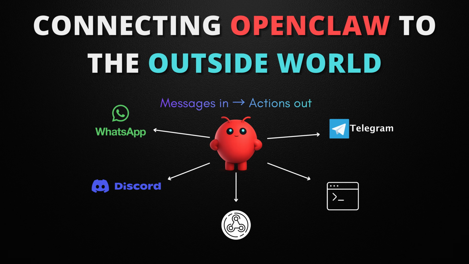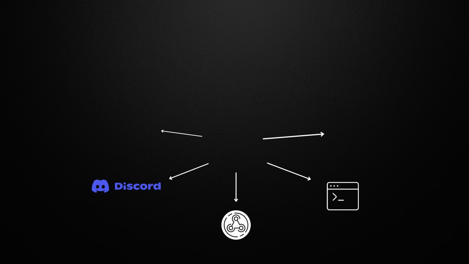What matters here is not the specific platform. It's the fact that OpenClaw maintains persistent connections to these channels and routes messages into real execution. And once your agent is reachable from outside your machine, the runtime stops being private experimentation and starts becoming something exposed to the world. That's where architecture decisions start to matter even more.